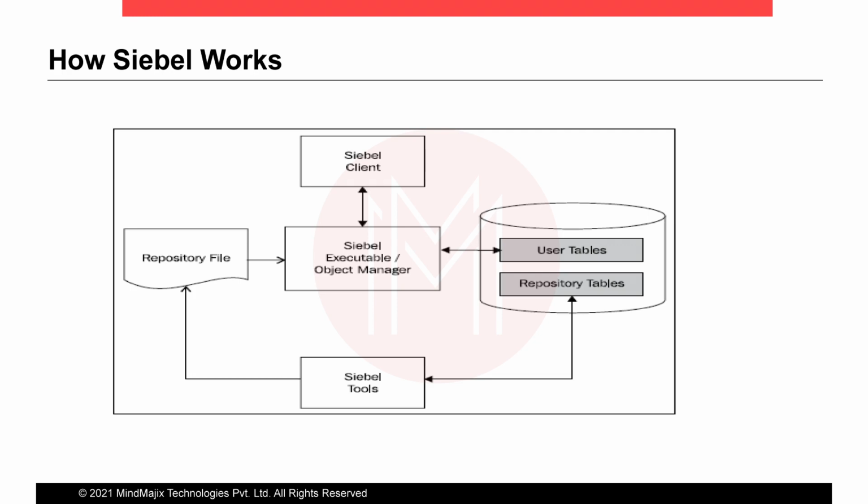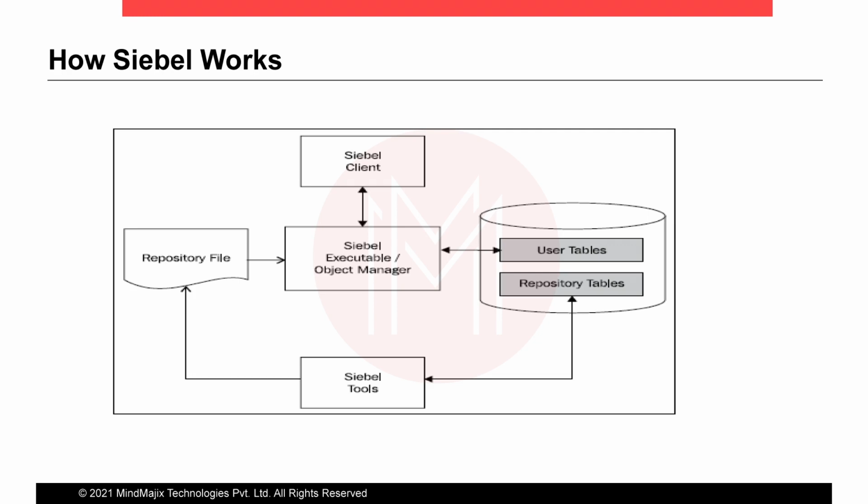So all these things get done. So who is the responsible component here? The application object manager. Inside the Siebel server there is a component called the application object manager, which receives this request, processes this request, and gives the response to this request, so that the customer can see it.